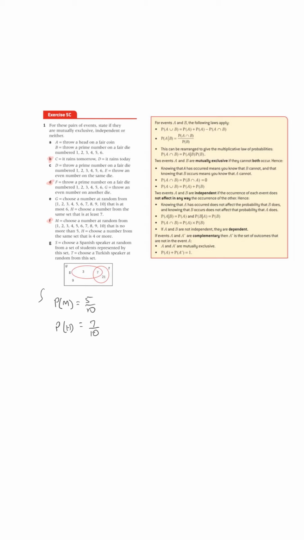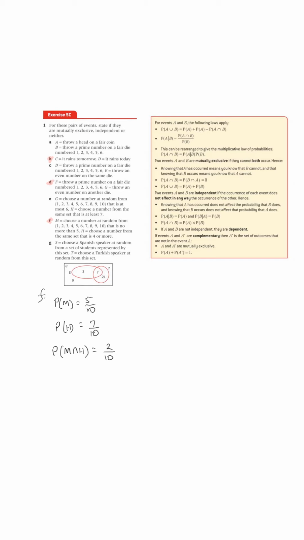Okay, now this is F. If we have a look at it, the probability of the intersection of M and H is going to be 2 out of 10, because it's only the numbers 4 and 5.